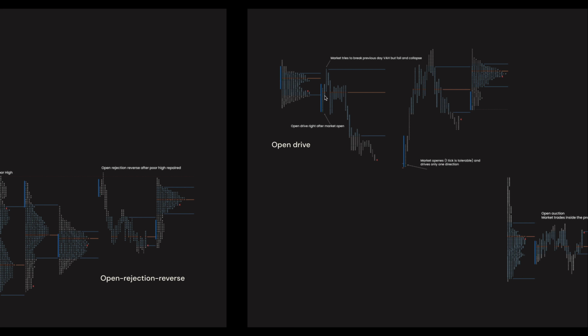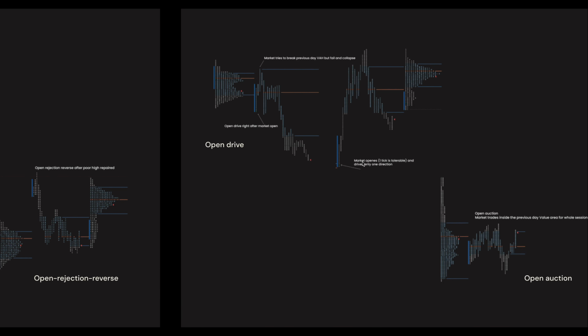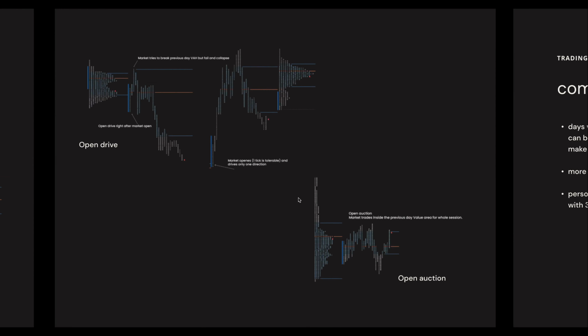So usually you will see some sort of a rejection higher after the open drive and market will fade, and this open drive is actually a good level for a target. Once again, market opens, one tick is tolerable and drives in the one direction, which is kind of when open drive works actually.